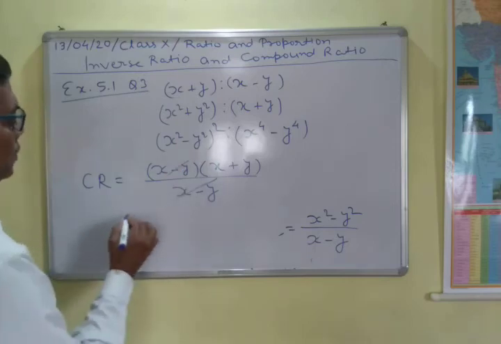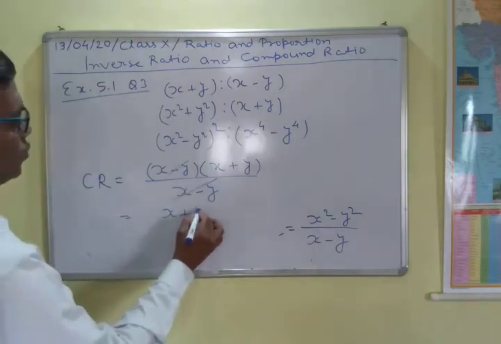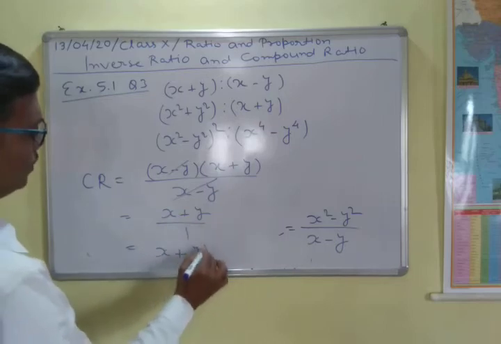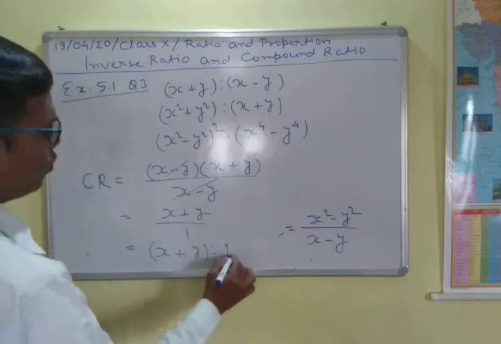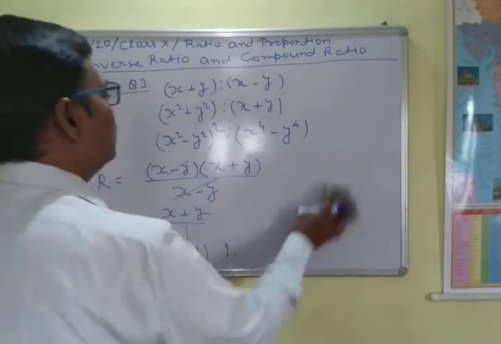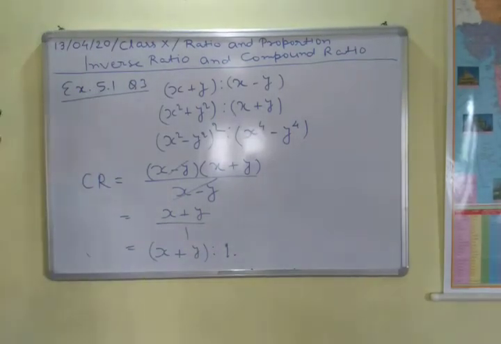So this and this will cut, and then you have x plus y by 1. So the answer will be x plus y is to 1. This is the compound ratio of all these three given ratios. So this is all about the compound ratio and the inverse ratio.